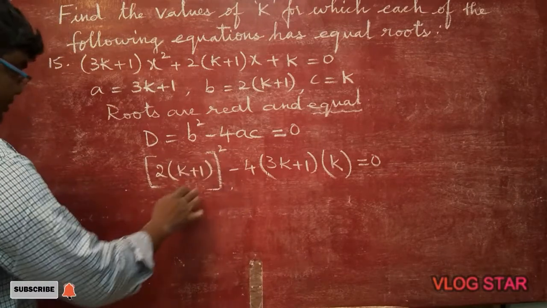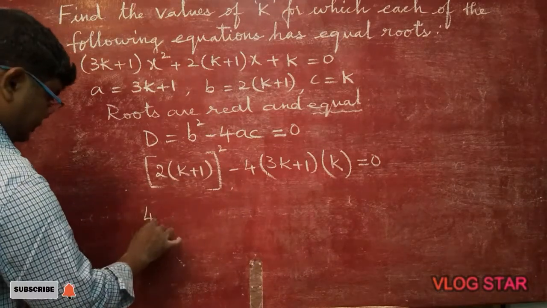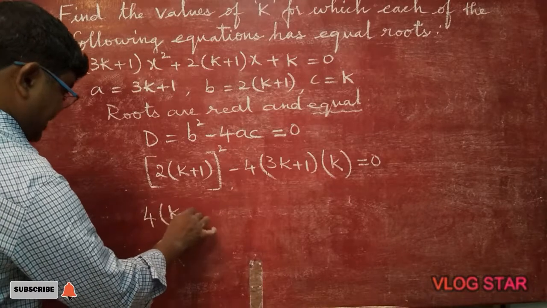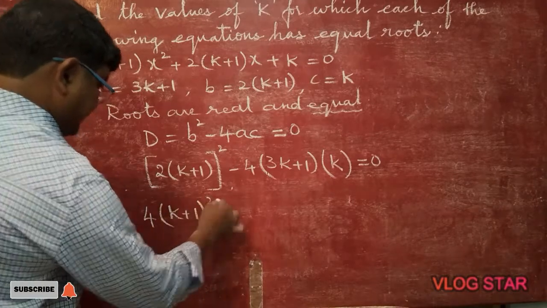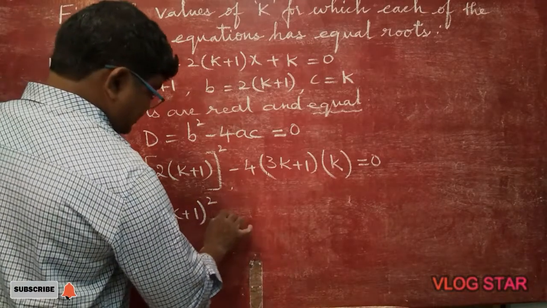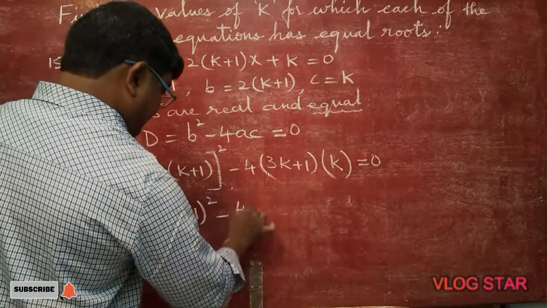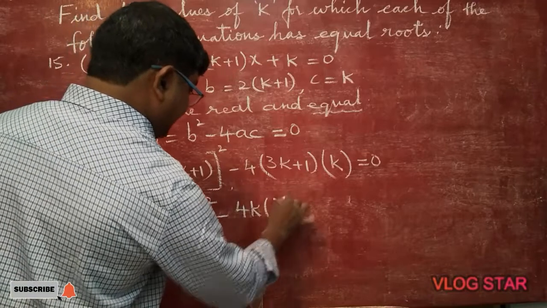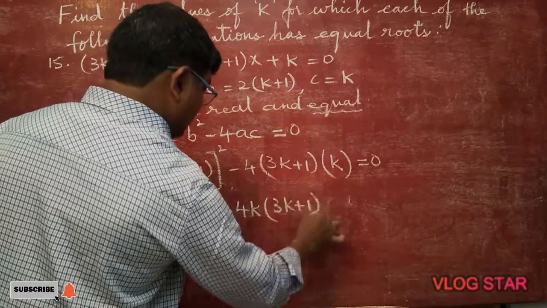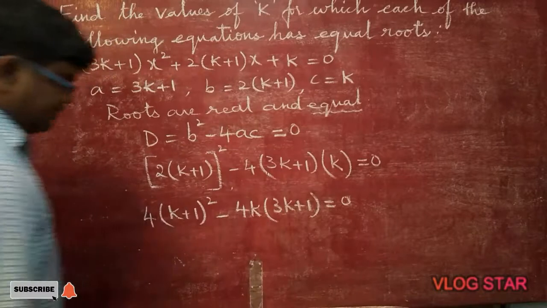Now the square is for all: 2 twos are 4 and k plus 1 whole square, minus 4 into k, 4k into 3k plus 1. Slowly multiply, no problem, one after another.